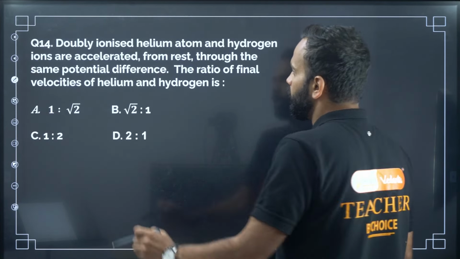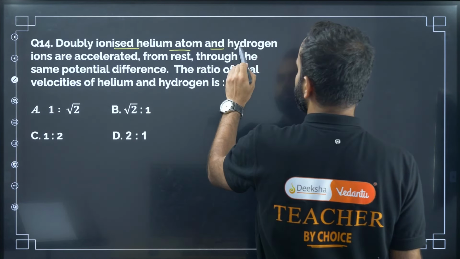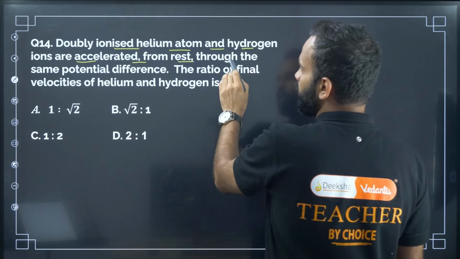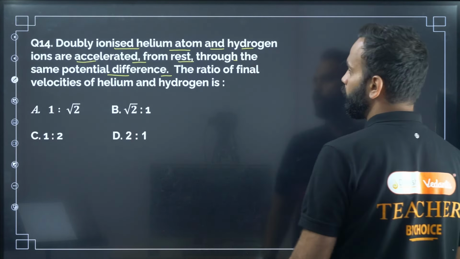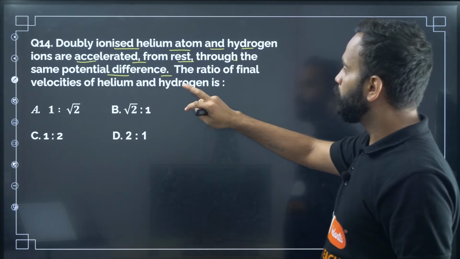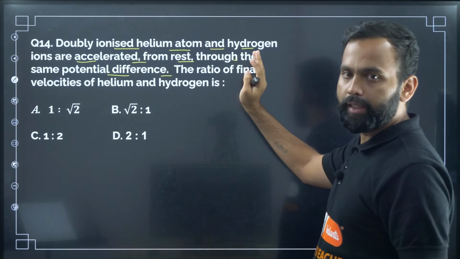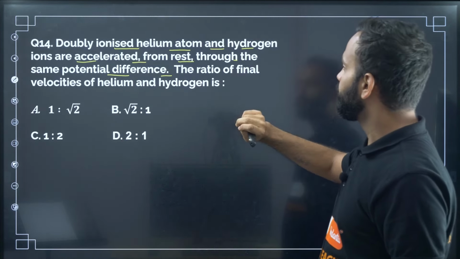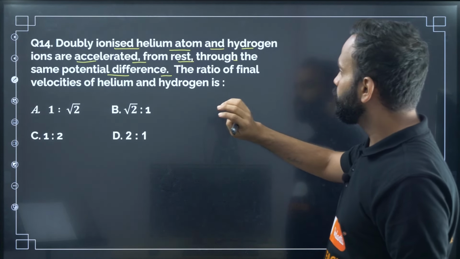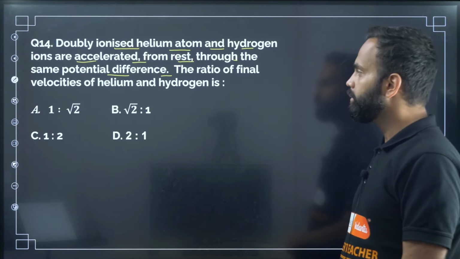Question number 14. Doubly ionized helium atom and hydrogen ions are accelerated from rest through the same potential difference. Doubly ionized helium atom and hydrogen ion, that is alpha particle and proton, are accelerated through the same potential difference. We need to find the ratio of the final velocities of the helium and hydrogen.